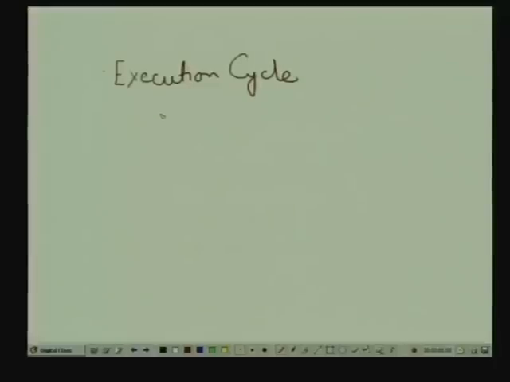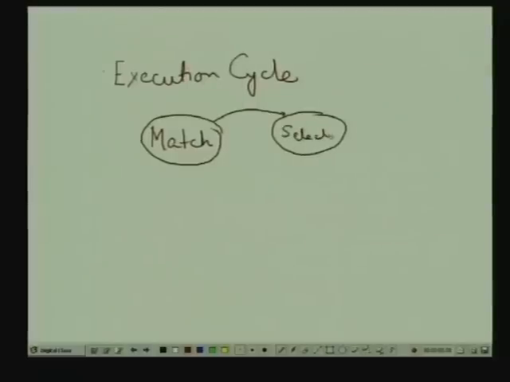This means that there are three phases. One is match, one is select, and the other one is execute, and after that we come back to the match phase only.